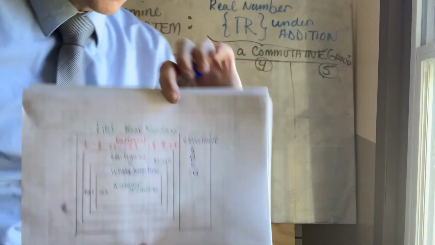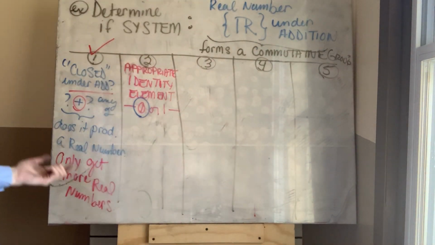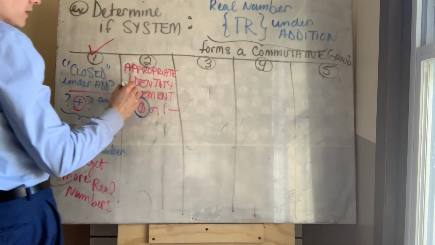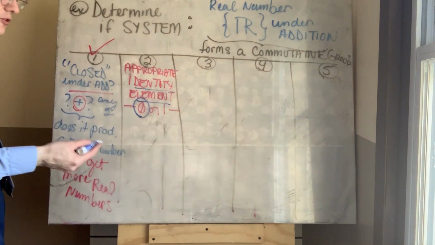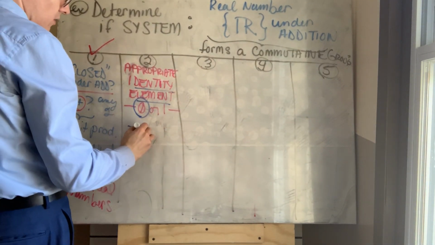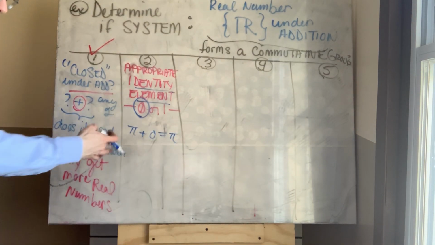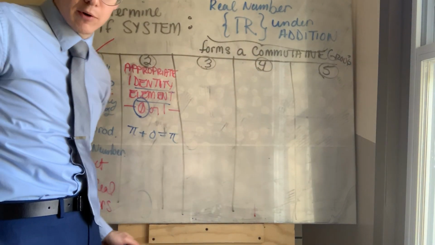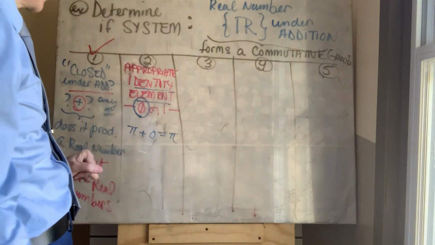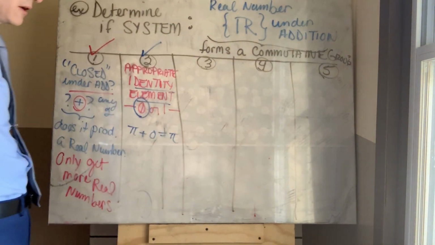So it is definitely there. And if you did pi plus 0, you'd still end up with pi. It is proving the identity property of addition. Okay, so yes, this is met as well.